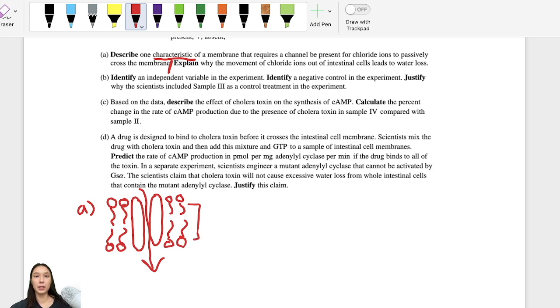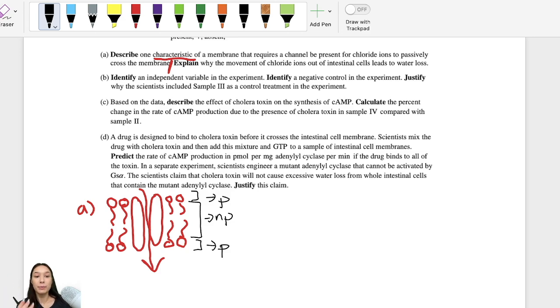Let me grab a different color actually. These are where the tails are, and this is nonpolar, right? Because the tails are nonpolar. Right here is polar because the heads are polar, and right here is polar again because the heads are polar. So what our plasma membrane basically has is a massive region in the middle of non-polar.